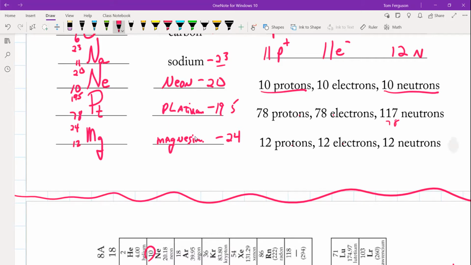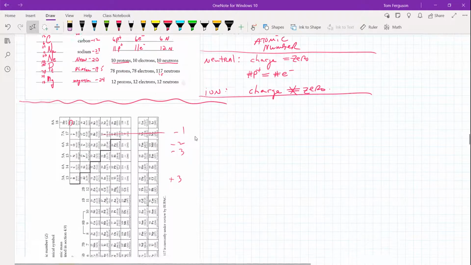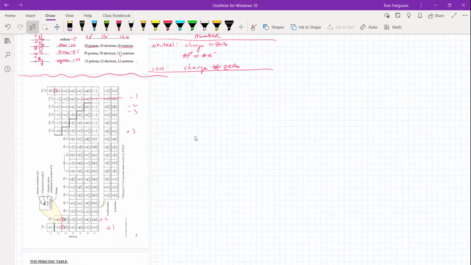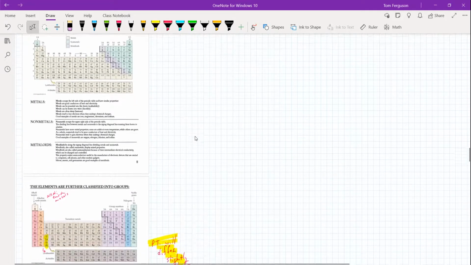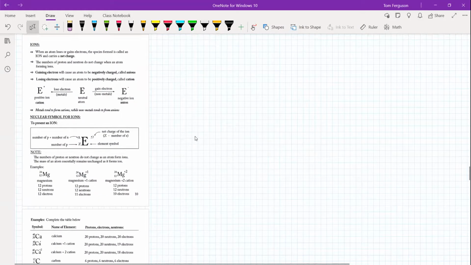So what we're going to talk about on Wednesday is how the periodic table is organized. And then we're going to get into some ionic stuff.